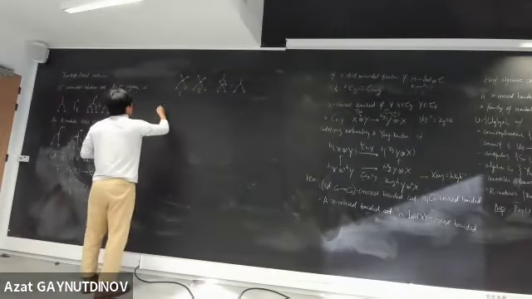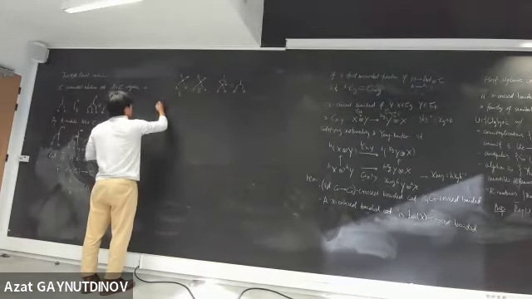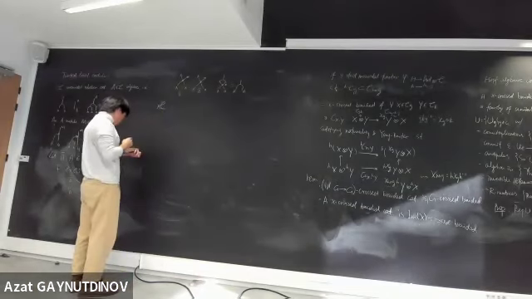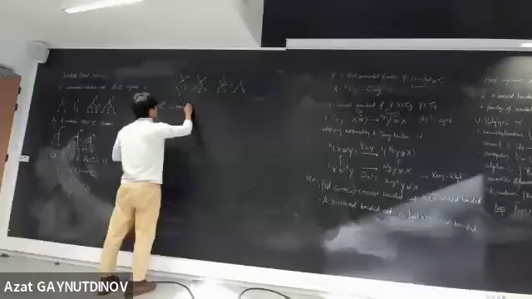Okay, and now we can define a monoidal structure on the category of A modules in C. This is monoidal.